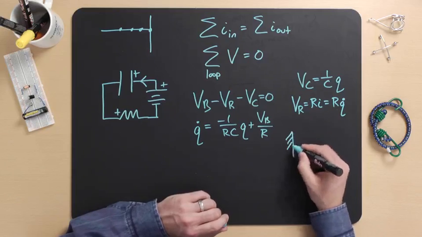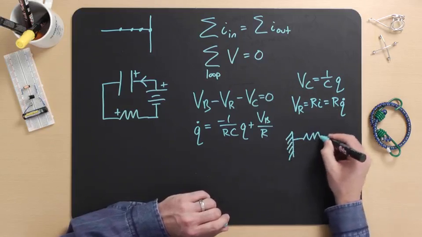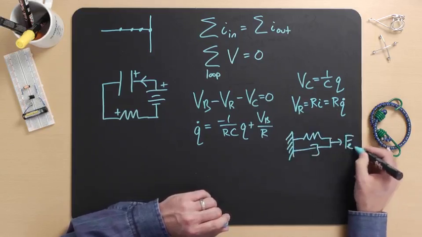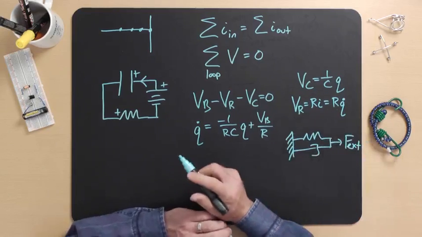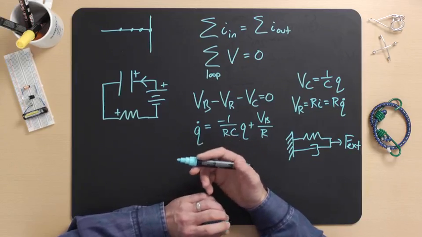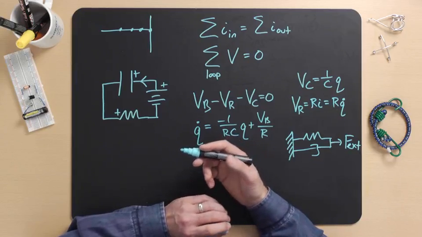So you can think of this as being a wall, a spring, a damper, and an external force. It is a linear, constant coefficient, first-order ODE, so we can use all the same tools we used for mechanical systems, including Euler integration, analytical solutions, superposition, and convolution.